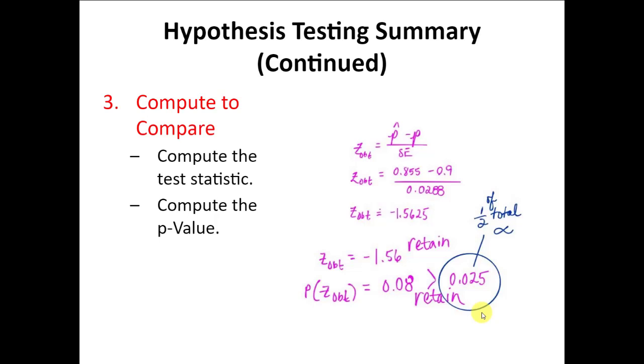So looking at our obtained z and where that falls, it's saying retain. Looking at the probability of our obtained z, that's saying retain. They match, so we are going to retain.